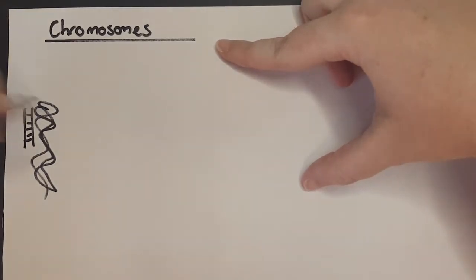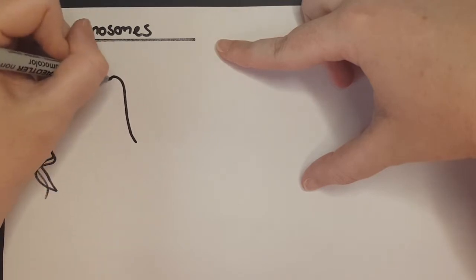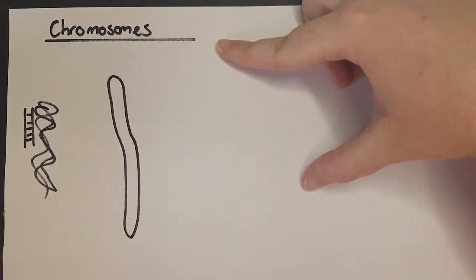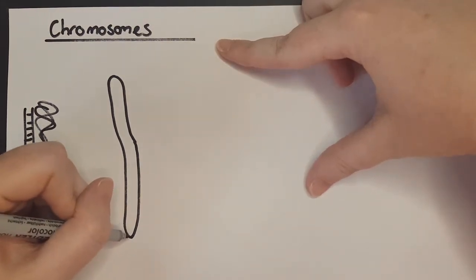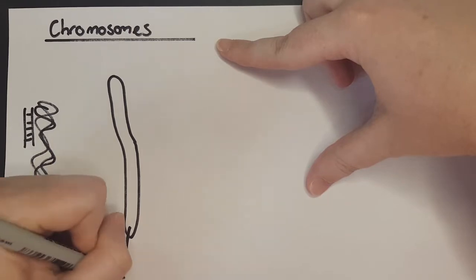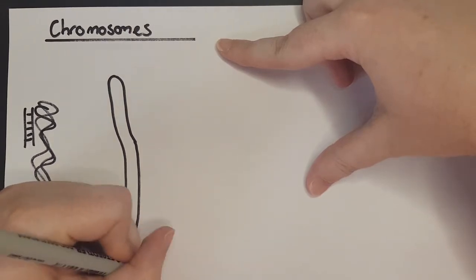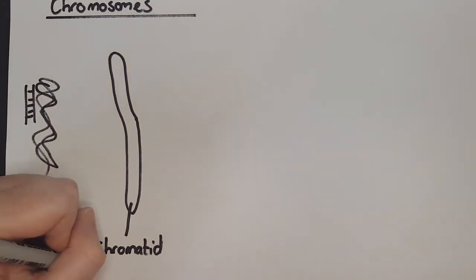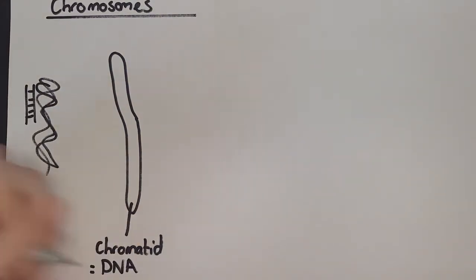And if we simplify that, it will be shown kind of like that. And we call each one of those DNA strands a chromatid. So remember, our chromatid is going to be our DNA strand. Now, when we want to multiply our cells, we need to replicate the DNA.